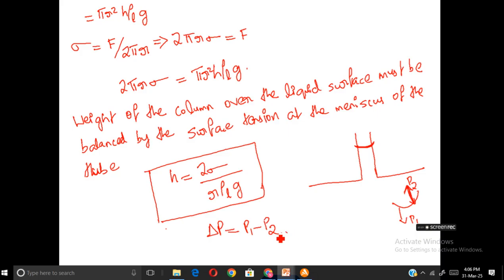This is maintained by the force balance, which is known as the Laplace pressure. P1 is greater than P2: the pressure acting downward is greater than the pressure acting upward. P2 is acting upward and P1 is acting downward.